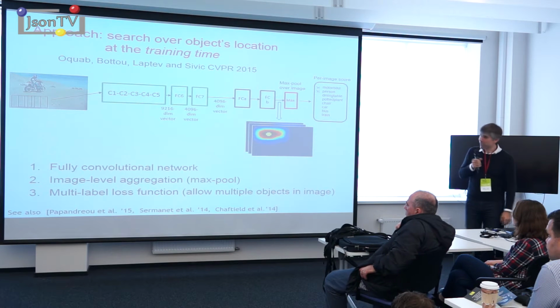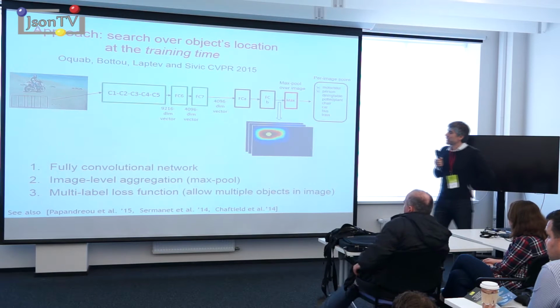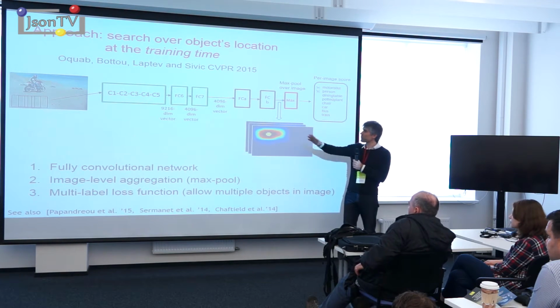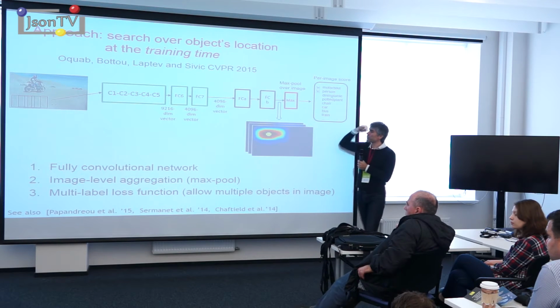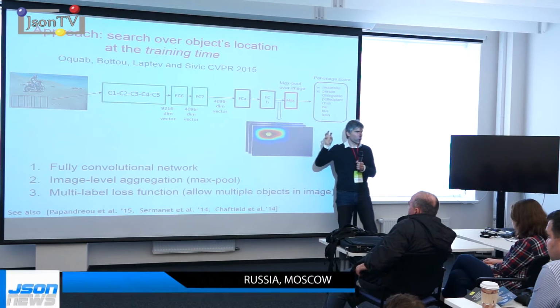So it turns out this is actually a very simple mechanism. I have not explained what the network is, but just imagine that this is a set of operations which at the end gives a score for the whole image.